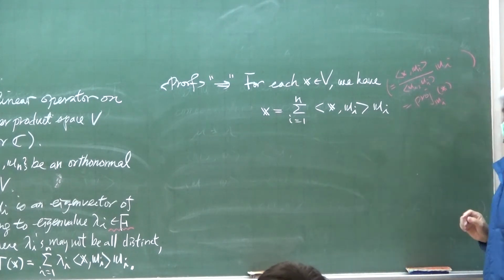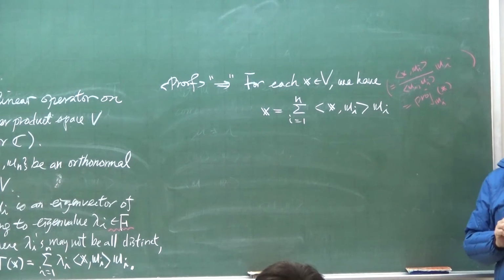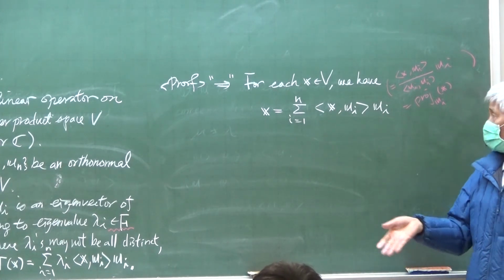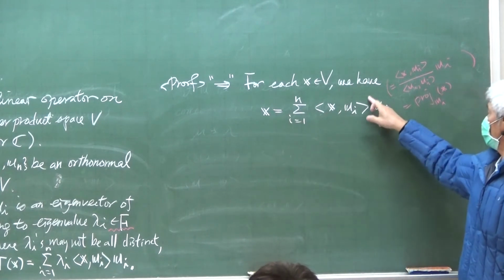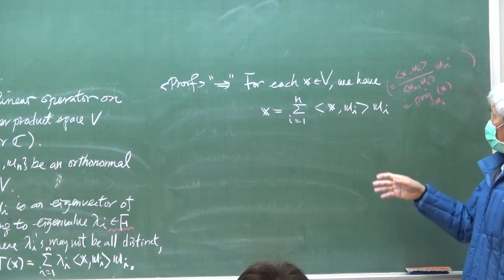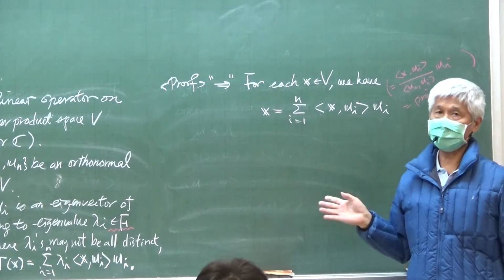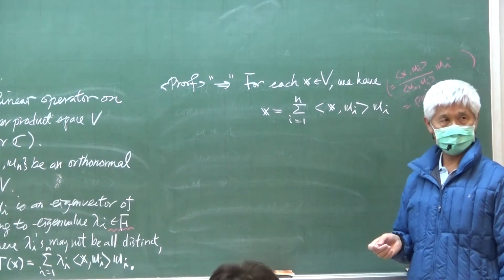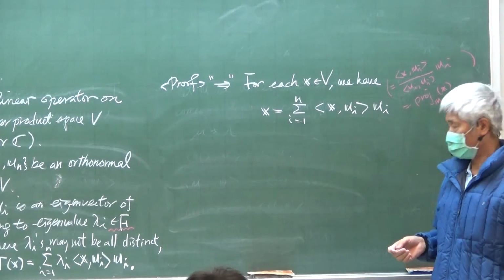As a remark, this one is just the projection of the vector onto ui, and we add up all the projections together and it gives us the original x.